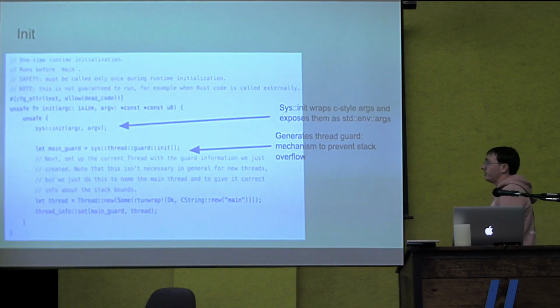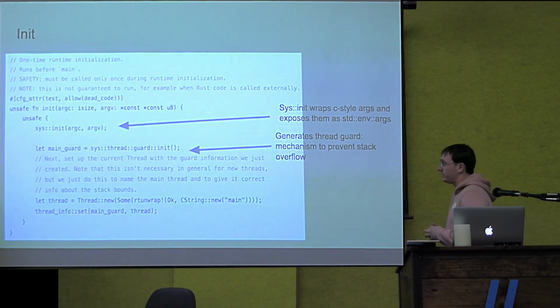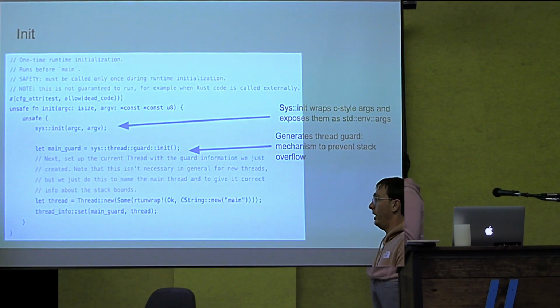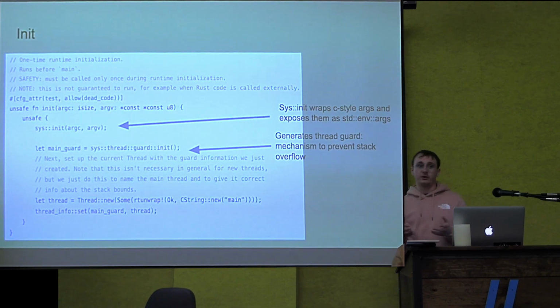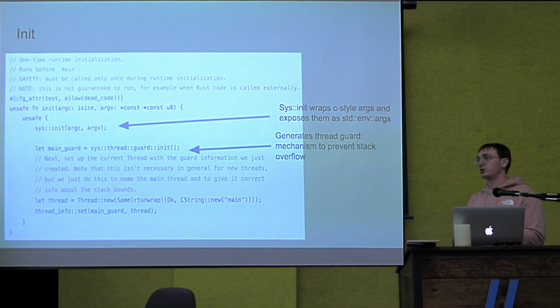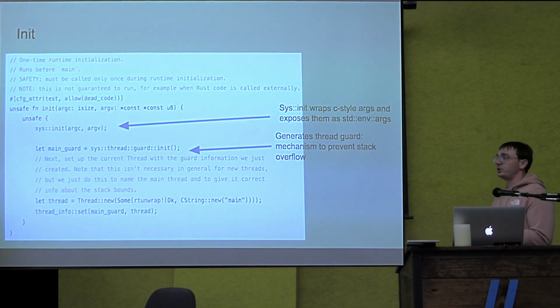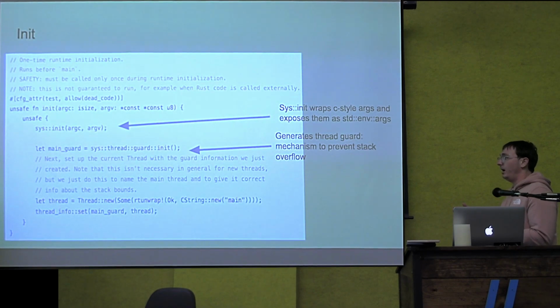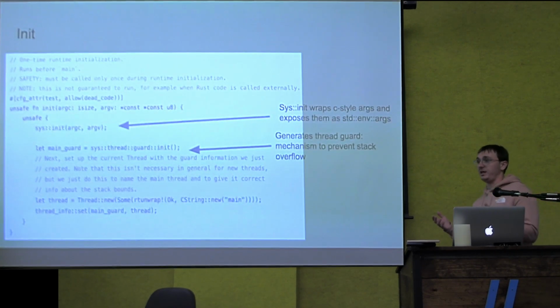It also provides the niceness of setting up guards for our main thread stack, right? So what this is going to do is write a piece of memory that's going to prevent this thread from overflowing its stack, right?